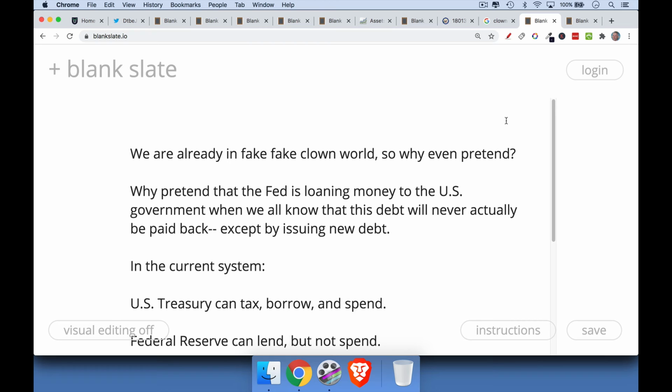In many ways, MMT is more honest than QE because they don't even pretend. They're extremely blatant. So why pretend that the Fed is loaning money to the U.S. government when we know that it's not really a loan because it's never going to be paid back? It's always going to be rolled into new debt. The U.S. Treasury will issue new debt to pay off old debt, and all of this new debt will also be financed by new dollars printed by the Federal Reserve.